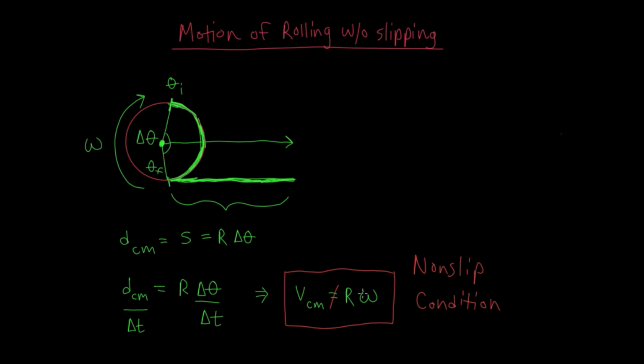Meaning, that means that the non-slip condition would not be satisfied, and then the object would not be able to roll without slipping. And so the object will roll with slipping instead of rolling without slipping.